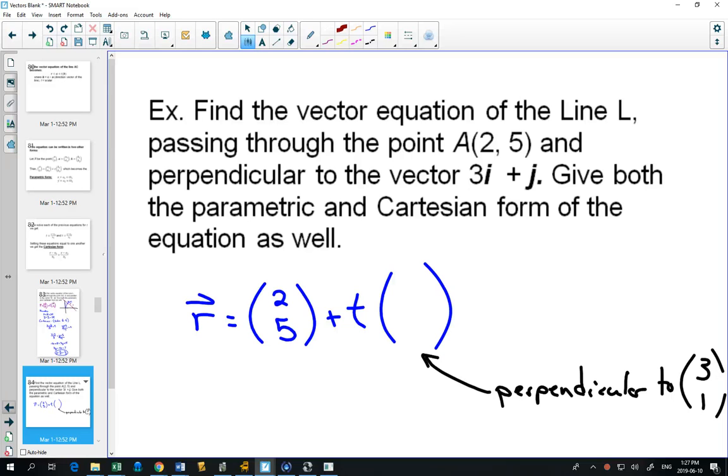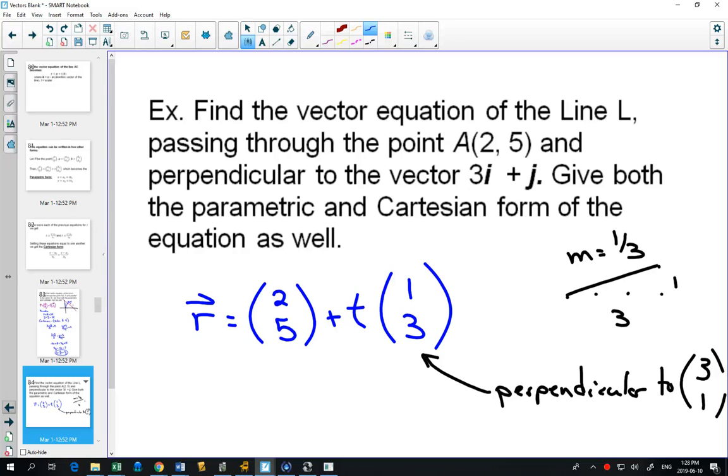Well, if we think about this as slopes, if you went 3 over and 1 up, could you tell that the slope of that line is going to be 1/3? How do we find something perpendicular? Negative reciprocal. And so this vector in here is going to have to be (1, 3).